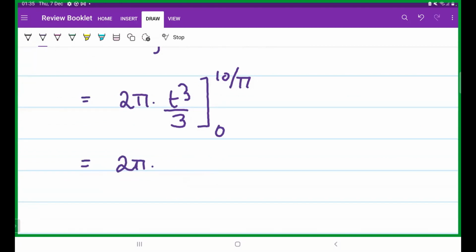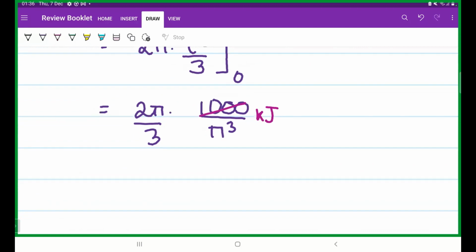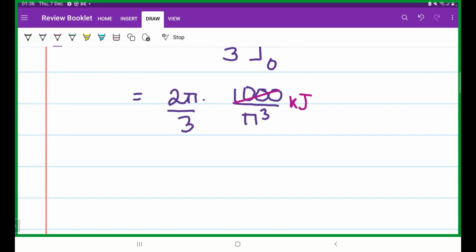So this will be 1000 by pi cube, divided by 3. So yeah, this is in joules, right? Let's divide this by 1000, so this 1000 will be cancelled, right? So there we have the answer.